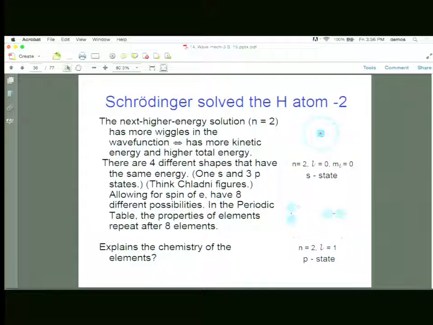Some of them have zero angular momentum, some of them have 1 unit of angular momentum, and some of them have 2, and it goes on and on. This we call the S states. These are called P states. These are called D states. And so you've seen that in your chemistry, I think, and also in the book.